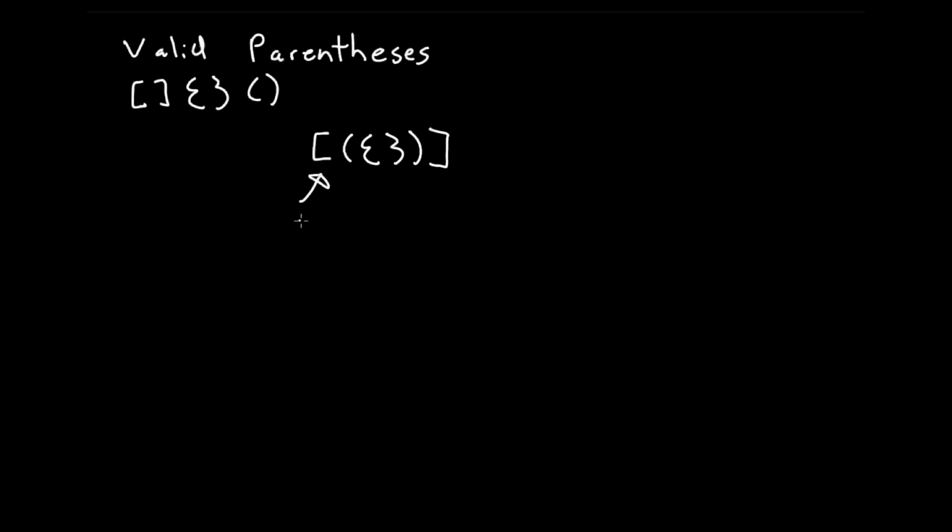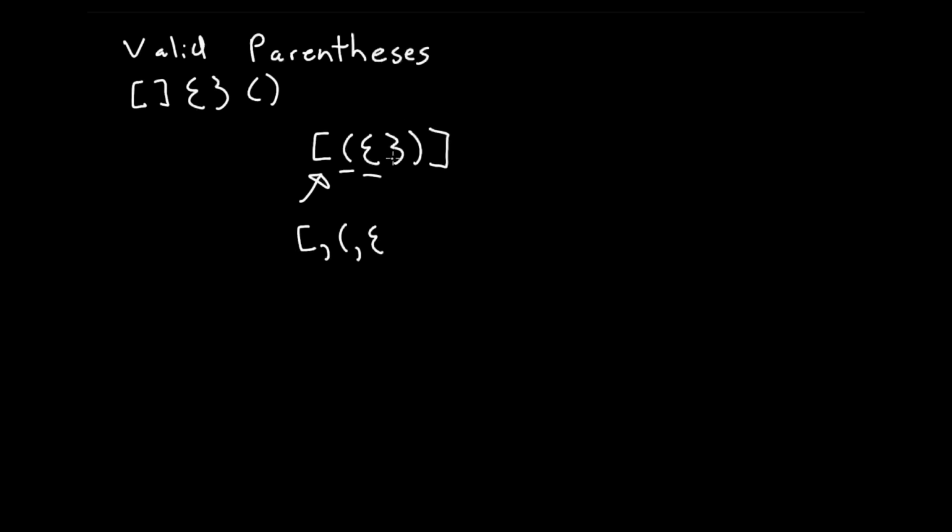So our current stack at this point will be just the opening square bracket. And then we're going to move on to the opening parentheses, and we're going to add that to our stack. And then we're going to look at the opening curly brace right here, and we can see that we're going to add it. So the trend here is if we're adding an opening brace, we're going to go ahead and add this to our stack or array.